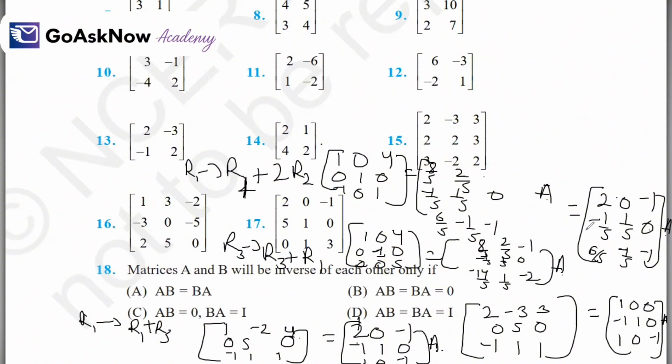So, now what you can do in the next step is take row 3 as row 3 by 5.